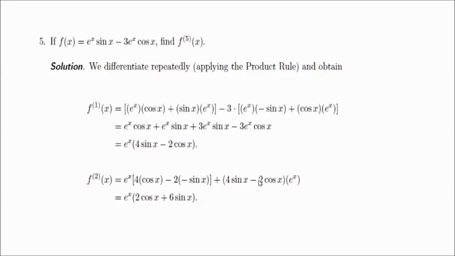Plus copy, derivative ng e raised to x is e raised to x. Then factoring e raised to x, add yung mga cosine. So 4 minus 2, that is 2. 2 plus 4 is 6. Okay, from here, derive ulit ito.